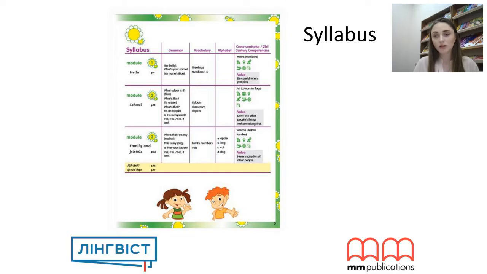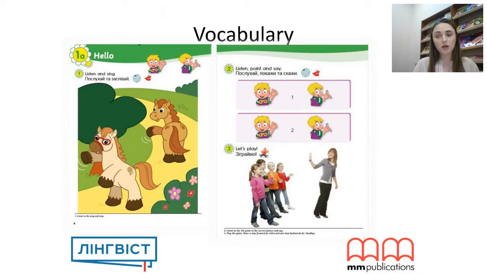Let's move on. Here you can see several pages from our book, and the new vocabulary of the unit is presented with pictures, and there is always a song at the beginning of each lesson.